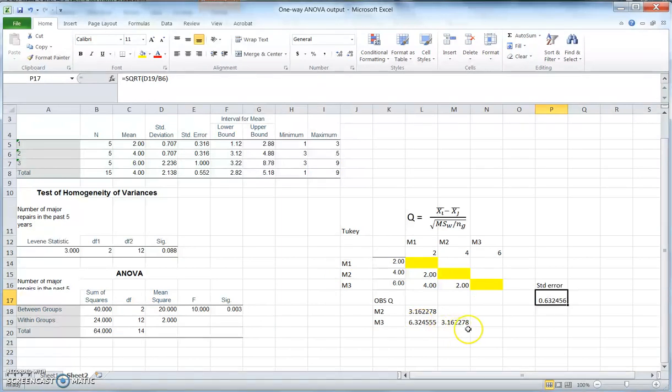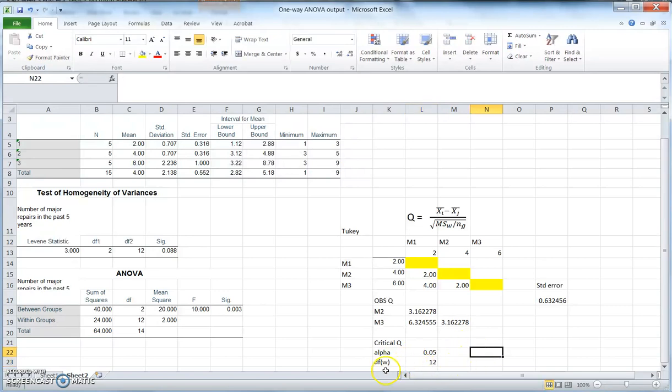Once we have all the observed Q values, the next thing we need to do is to find the critical Q values. So to find the critical Q, we need first to know what's our alpha value. We usually use alpha equals 0.05, and the next thing we need to know is what's the degree of freedom within in our ANOVA analysis. If you read from the table, the degree of freedom within is 12.